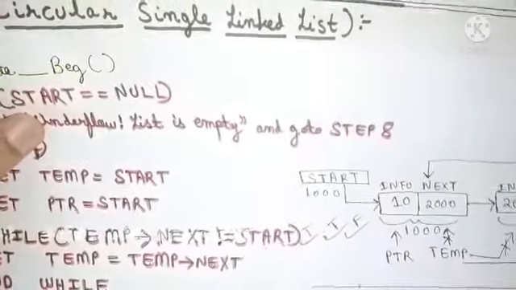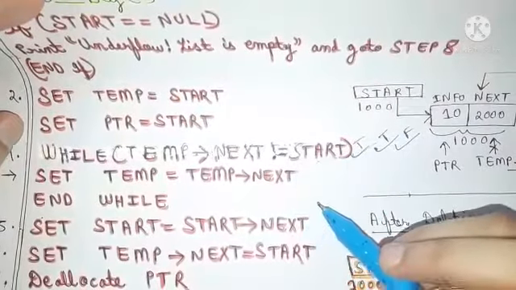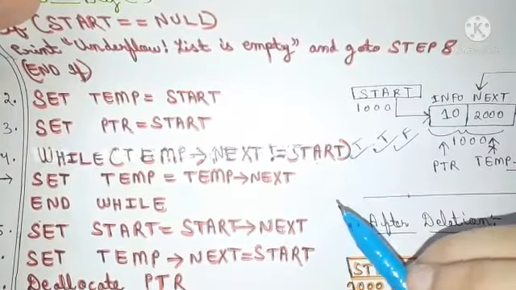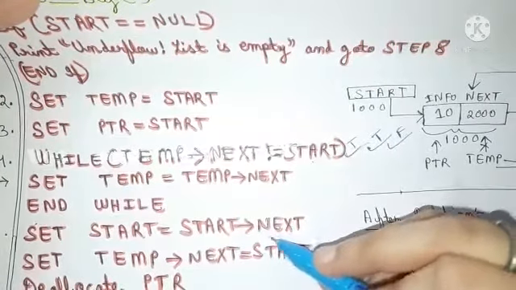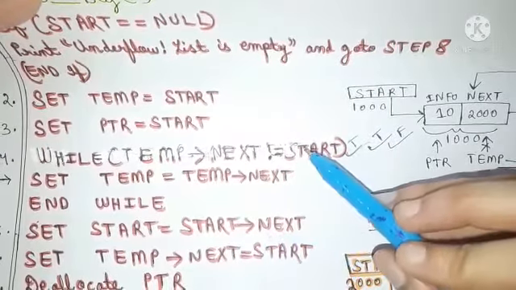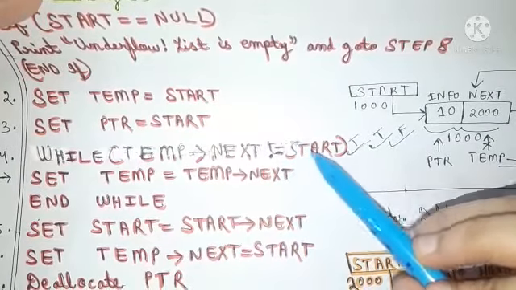So this while condition becomes false and it will stop executing and come out of the loop. When it comes out of the loop, we need to set start is equal to start next. This particular statement you can write before the while loop also. If you write it before the while loop, then also there will be no problem.